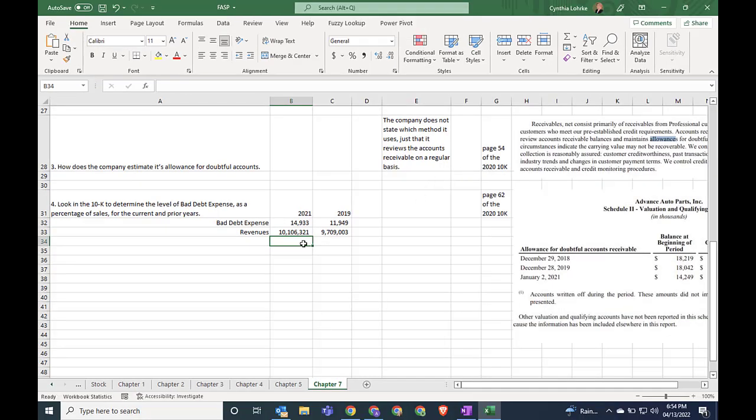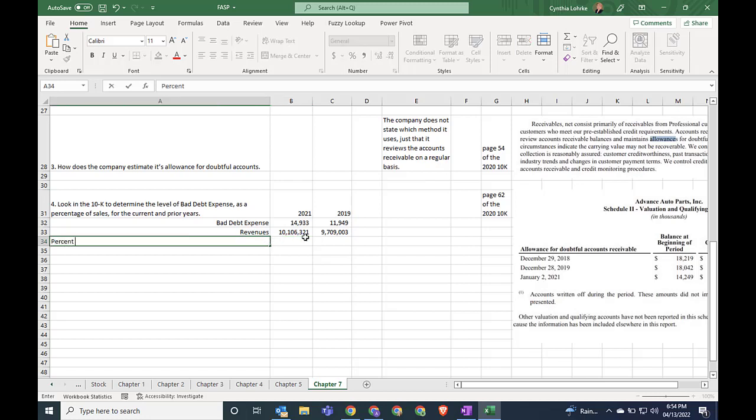Now we just need to divide to get our percent of revenues, bad debt expense.